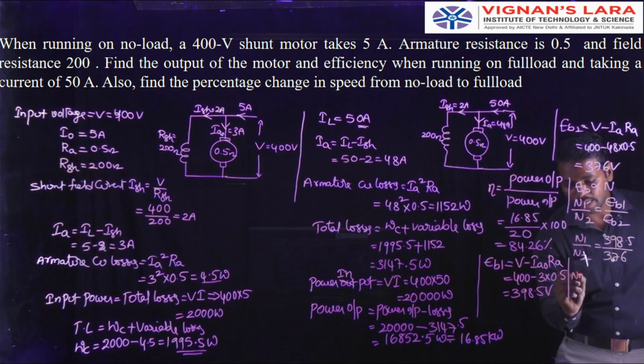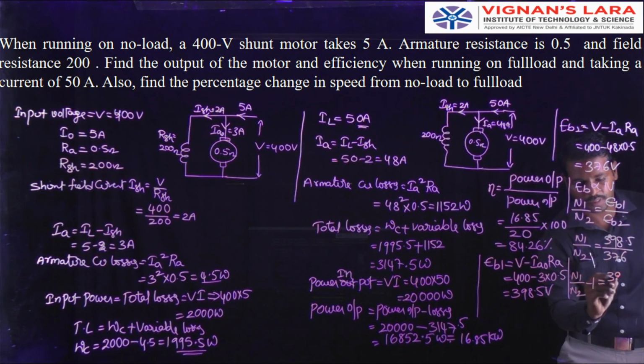So N1 by N2 minus 1 is equal to 398.5 divided by 376 minus 1.